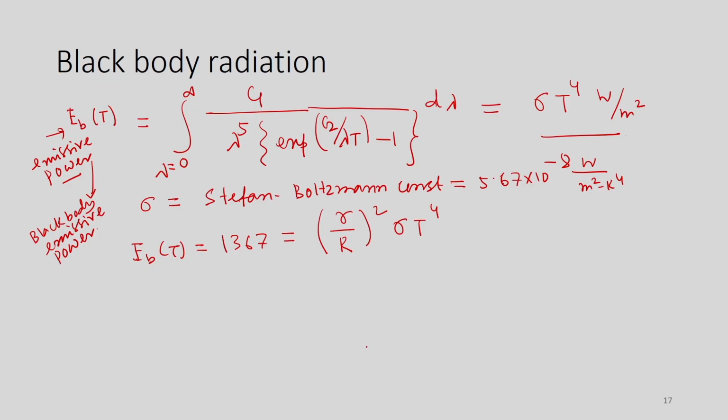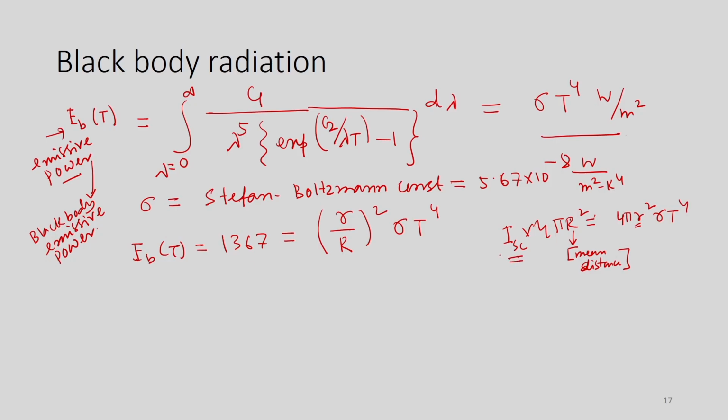How have we calculated it? Because 4 pi r square, the area, is the radius of the sun, times sigma T to the power of 4, and R is the distance between the sun and earth. Of course, this is a mean distance.